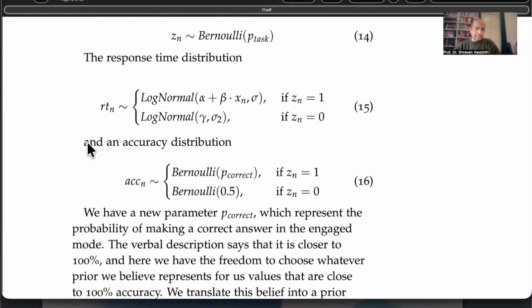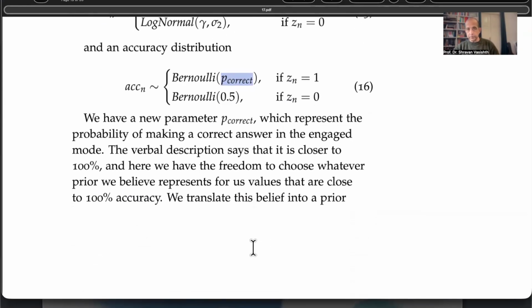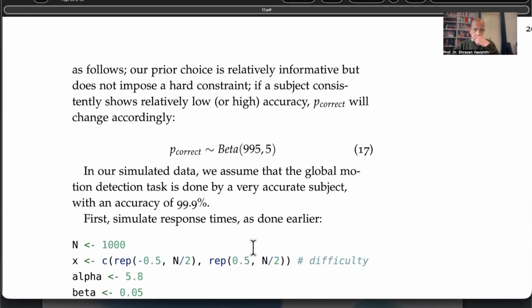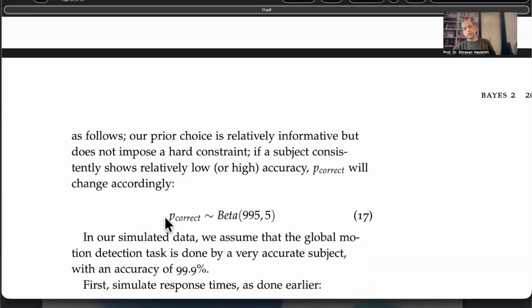So what we have that's new in this model is a new dependent variable. So there are two dependent variables, hence multivariate, and there will be one more parameter in the model, okay? That represents the probability of a correct response. So what we're going to have to do, of course, is to come up with a prior for the probability of a correct response.